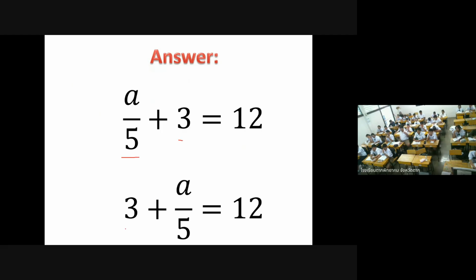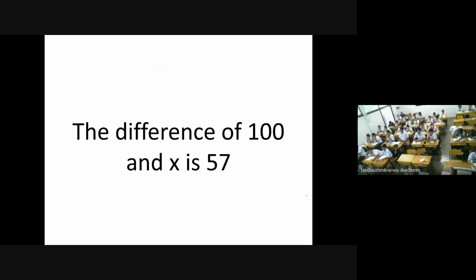But remember, addition is commutative. Therefore, this is acceptable. But subtraction cannot be swapped, because you're going to have a different value if it's minus. But if it's plus, this is acceptable. I would accept it. How about this?